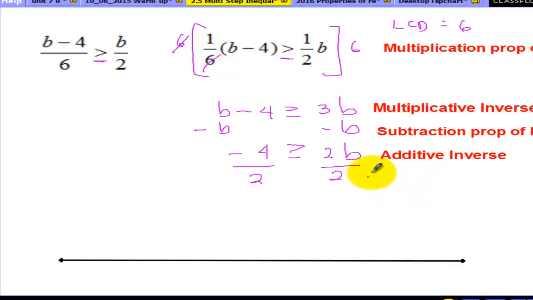Now divide by 2 both sides. Again, I divided by a positive number, so no need to flip the inequality. I will have here now, well, this one, division by 2, is division property, and then canceling the 2 and 2 here will be equal to 1b. Negative 4 over 2 is negative 2.